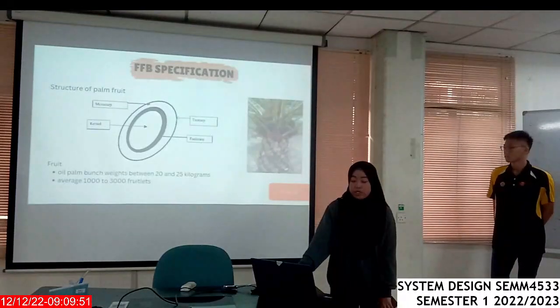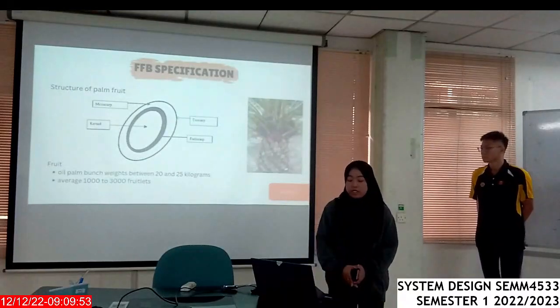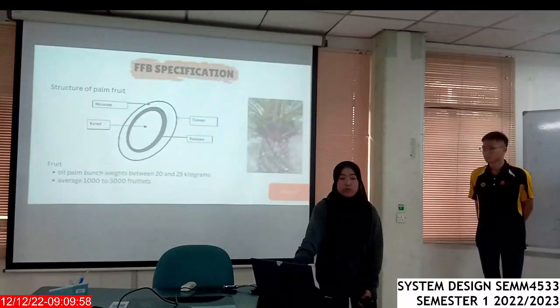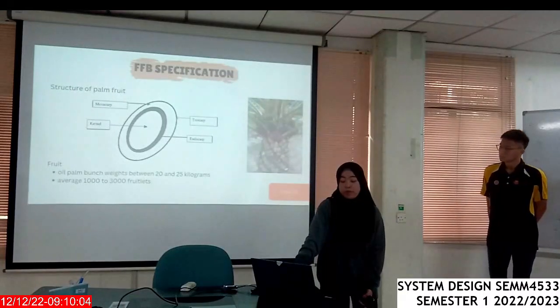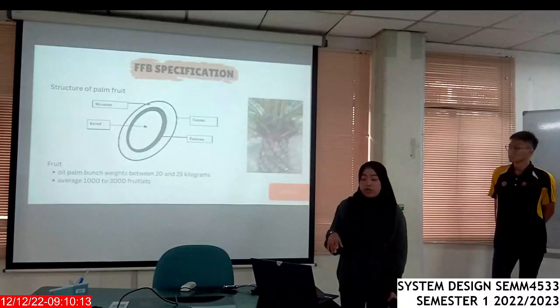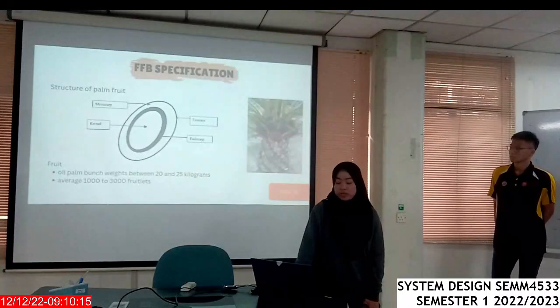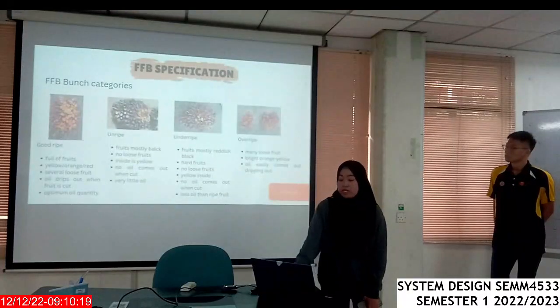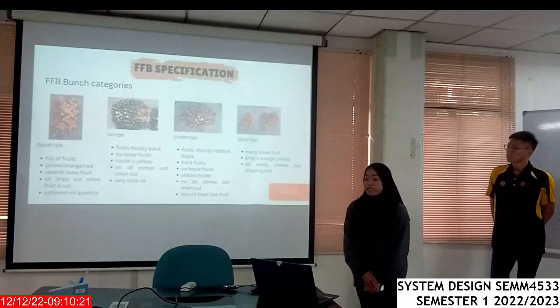A bunch of palm fruit weighs between 20 and 25 kilograms. On average, one bunch of oil palm fruit will produce 1,000 to 3,000 fruitlets.